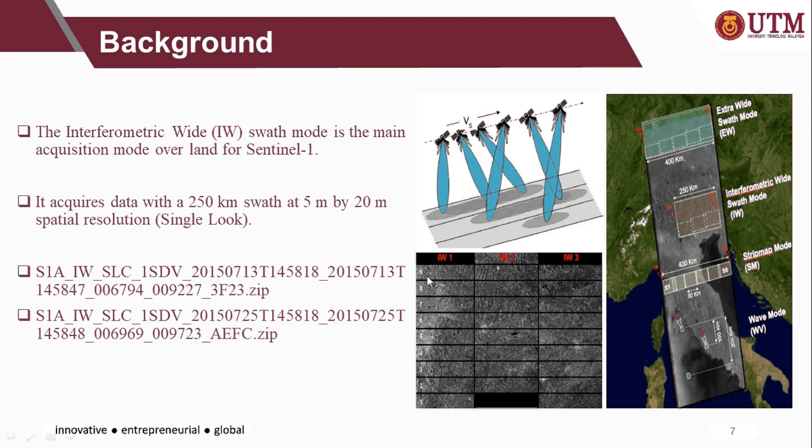They are labeled with the white color. So the interferometric wide swath mode acquires data with a 250 kilometer swath at 5 meters by 20 meters spatial resolution, single look.